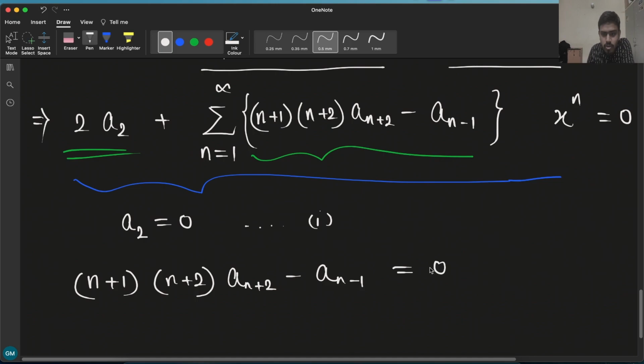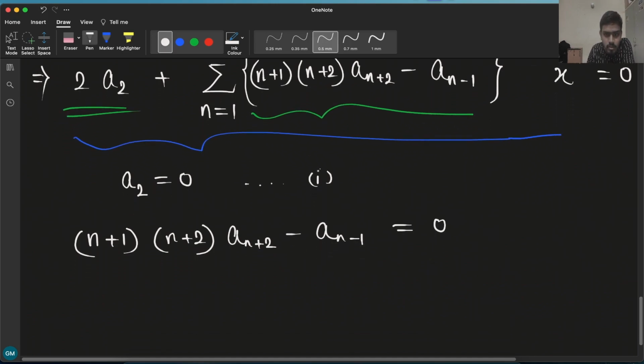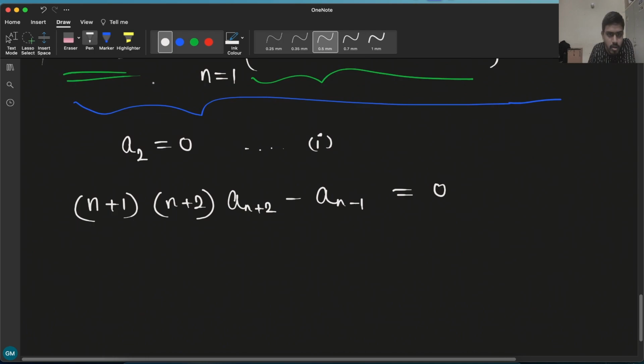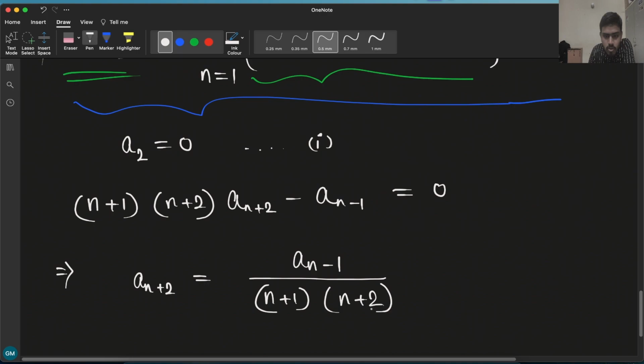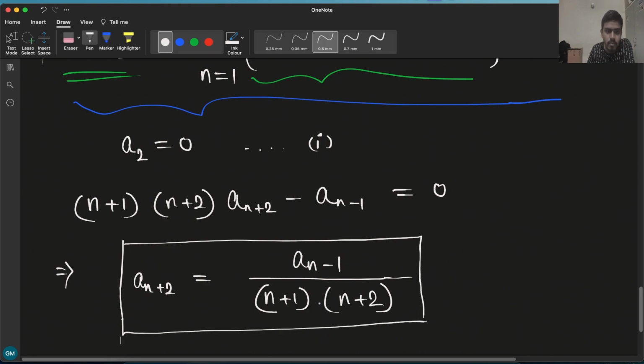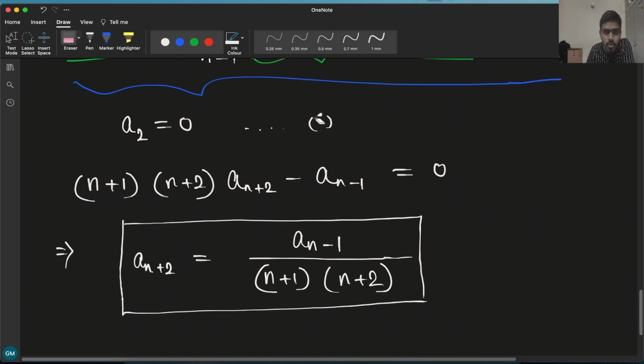So equals 0, or I can write a_{n+2} equals a_{n-1} divided by (n+1)(n+2). Let me call it equation 1.